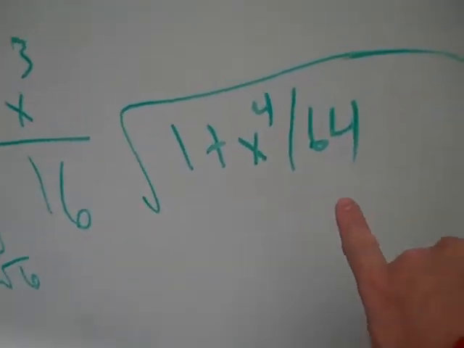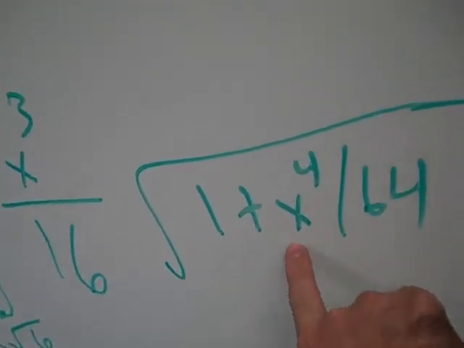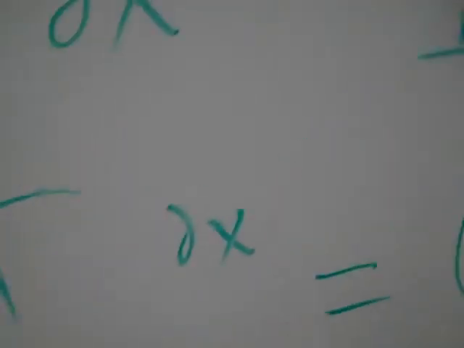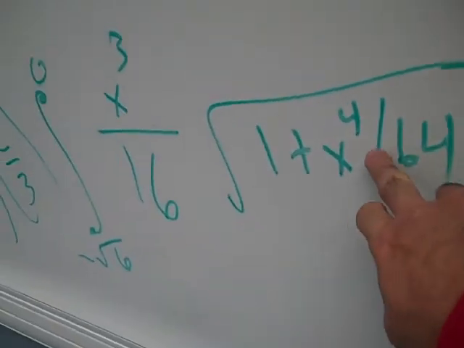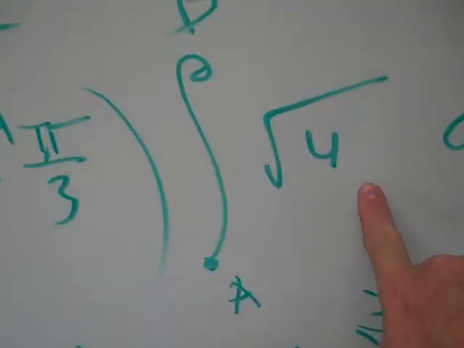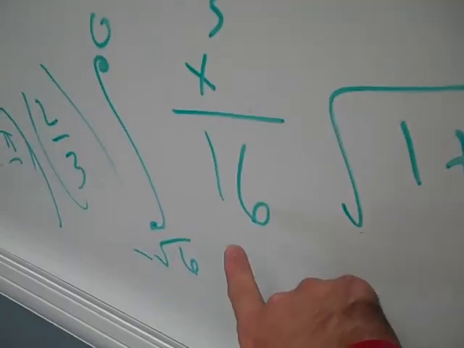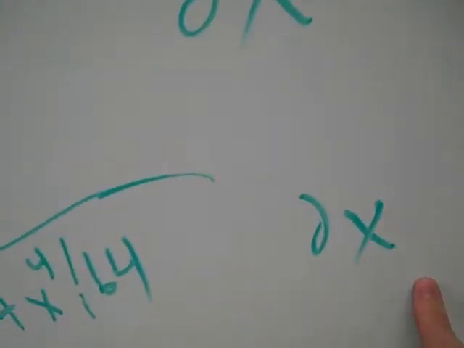I let just this part right here, without the radical, just the 1 plus x to the 4th over 64, bare bones, equal u. So I replace the square root of this with the square root of u. And then du is just going to be the product of this x cubed over 16 and dx.